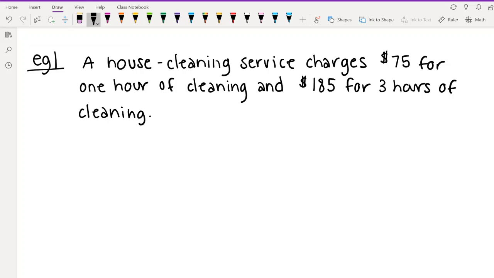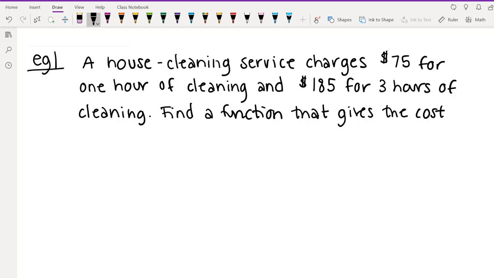So what we want to do here is find a function that gives the cost of x hours of cleaning.